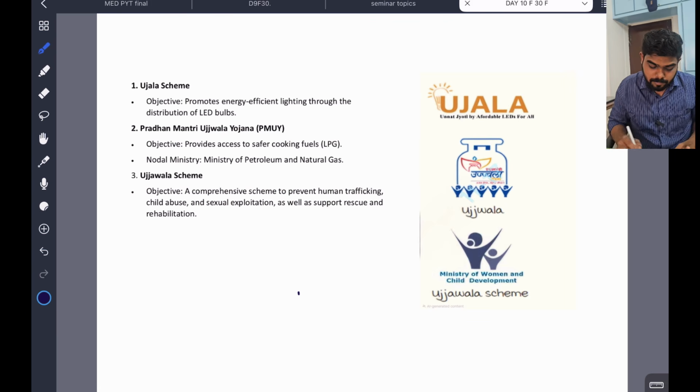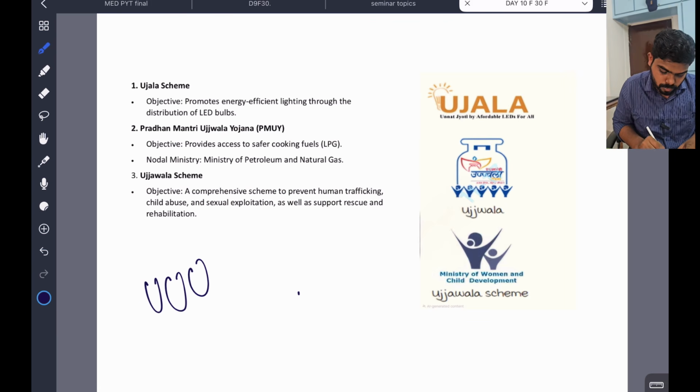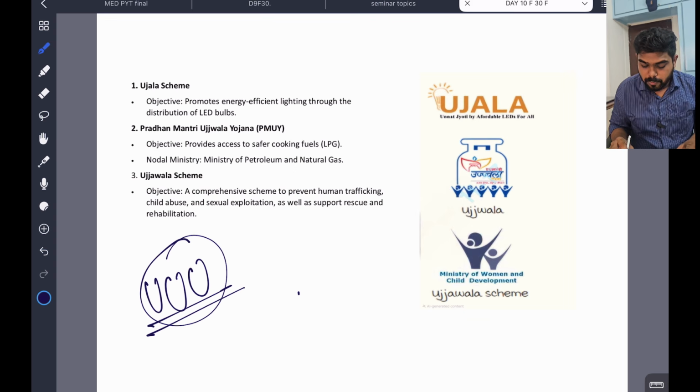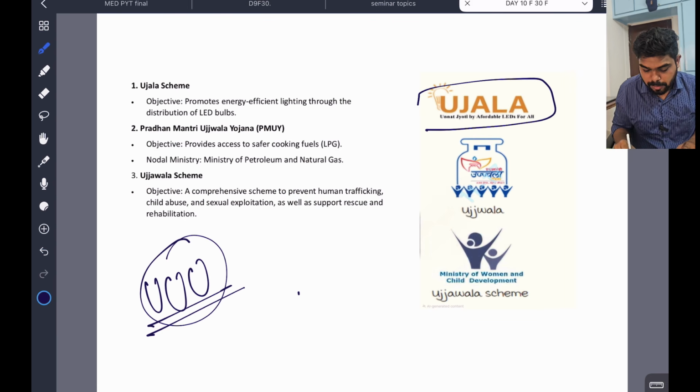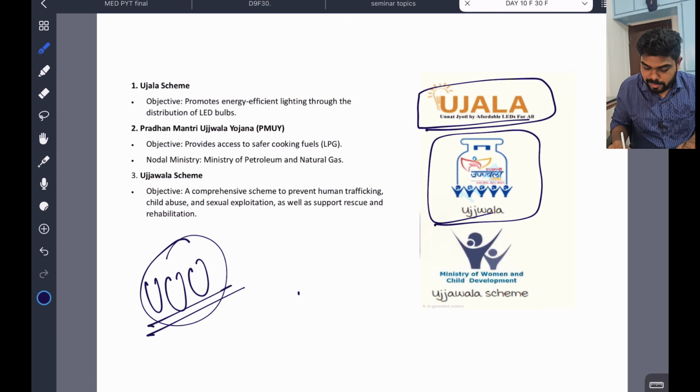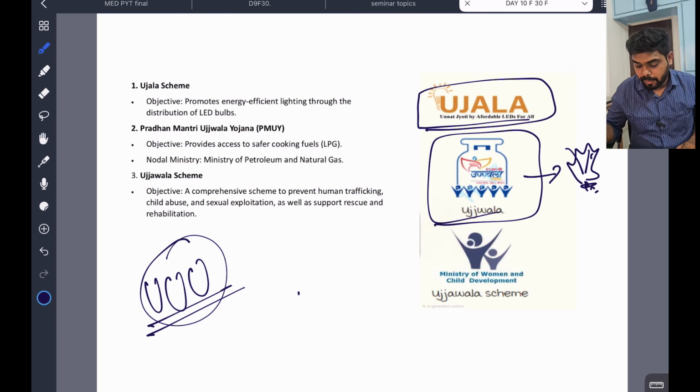You can see Ujala, the blue color one. Ujala is different from Ujjwala, which is related to fire. So what is the Ujala scheme?